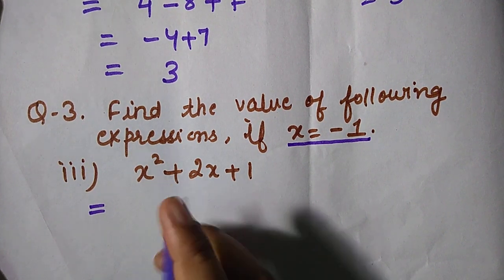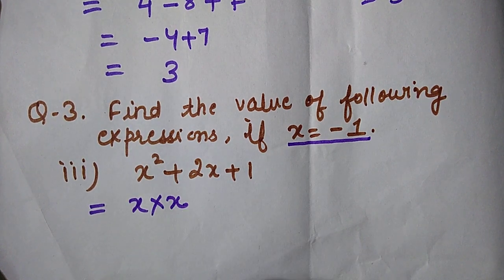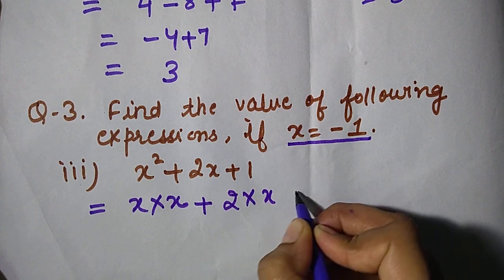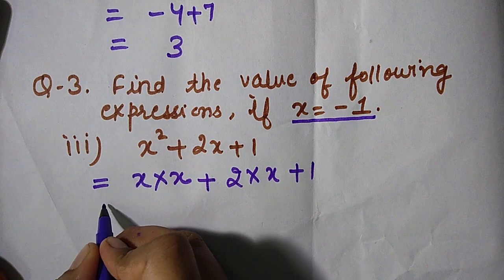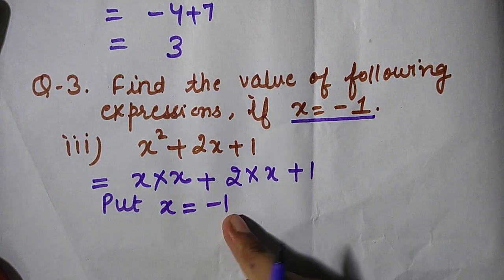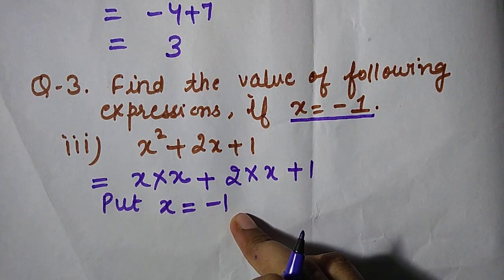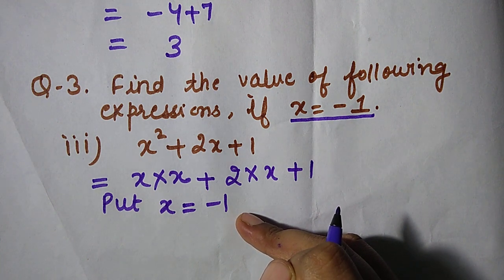As the powers of the variables are given, I will write this x square as x into x, then the same expression plus 2 into x plus 1. Okay, now what I have to do, I will put x equals minus 1, because minus 1 is given in the question. So I will substitute x equal to minus 1 in place of x.